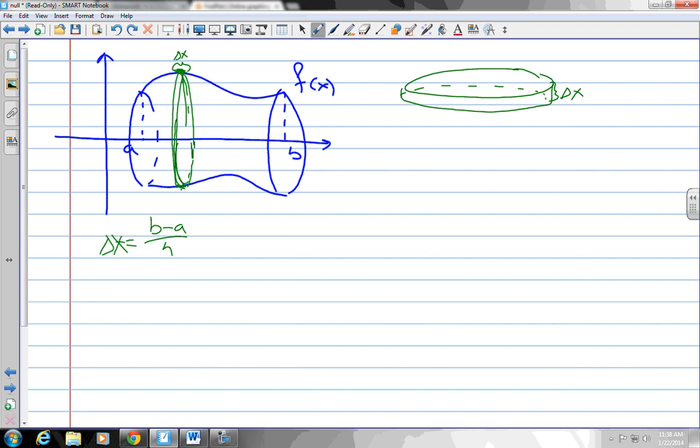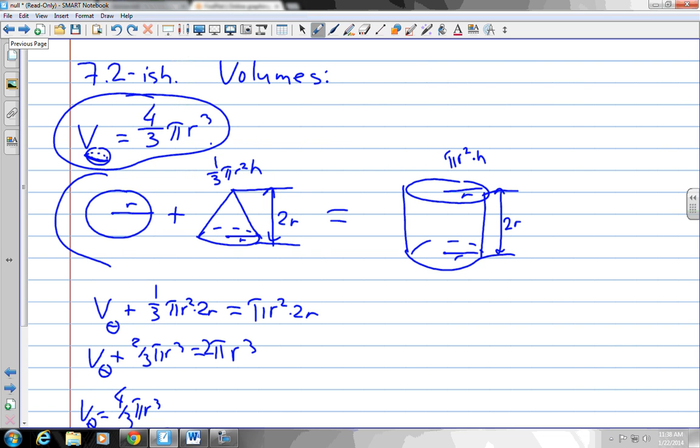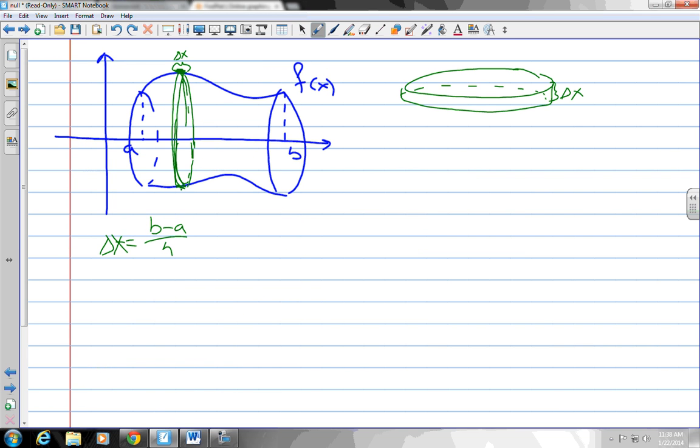Now, from the previous story, the volume of a cylinder is the area of the base times the height. So I just need the area of this circle. The area of the circle is pi r squared, right? Well, what is the radius of this thing? It's precisely the height of the function, the value of the function. Do you agree with that?